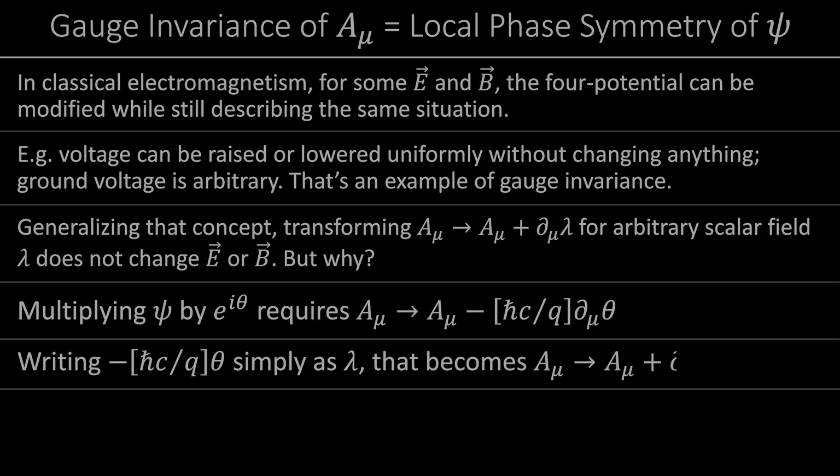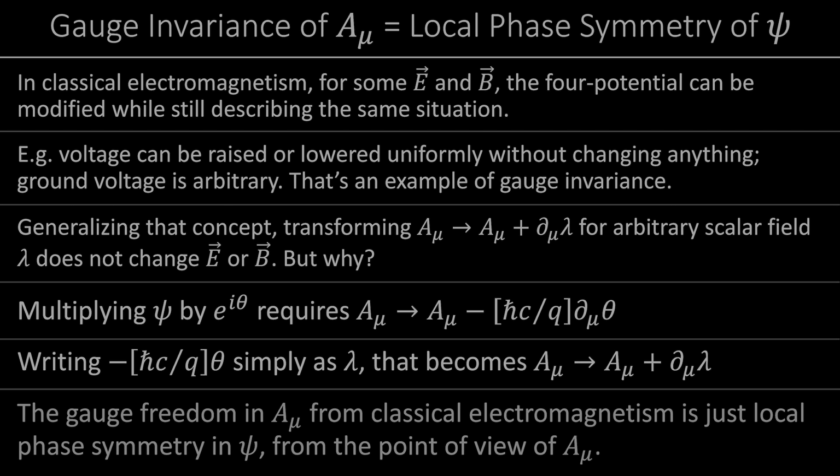But let's go ahead and absorb negative h bar c over q times theta simply as lambda, because that's just a scalar, right? So then the transformation is A mu becomes A mu plus the 4 gradient of lambda. But that's exactly what the gauge invariance or the gauge freedom of the 4 potential is anyway.